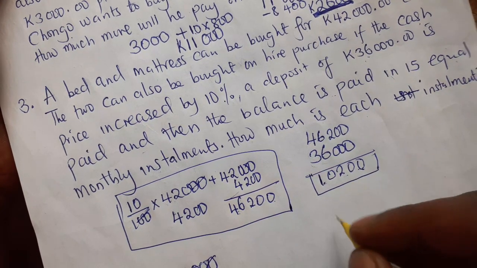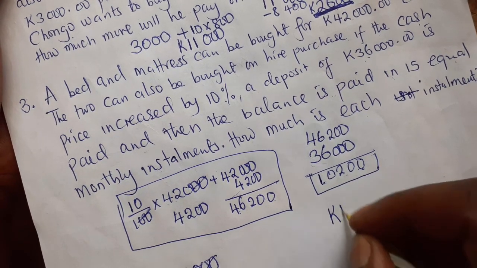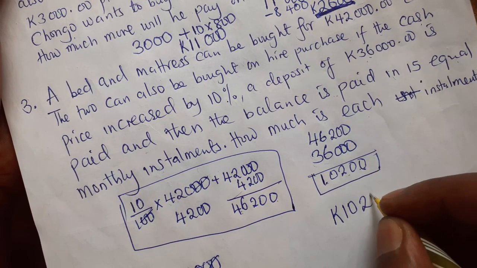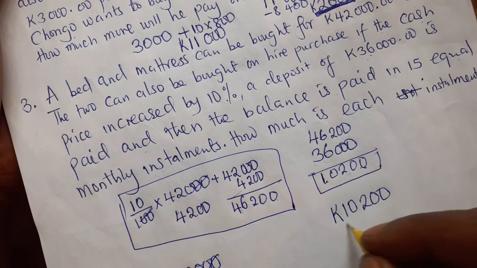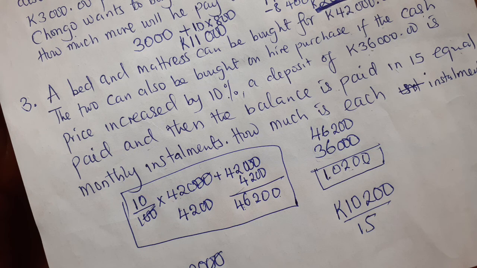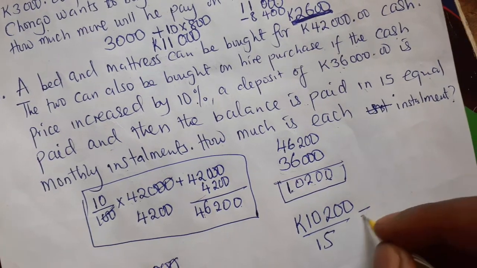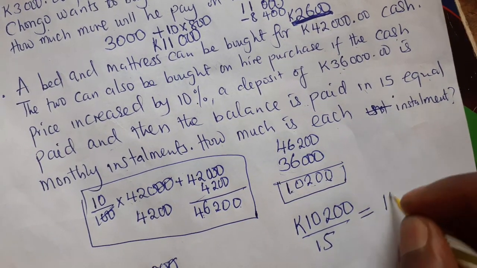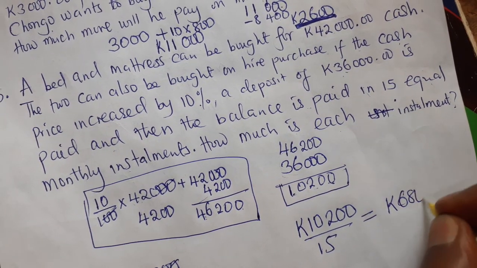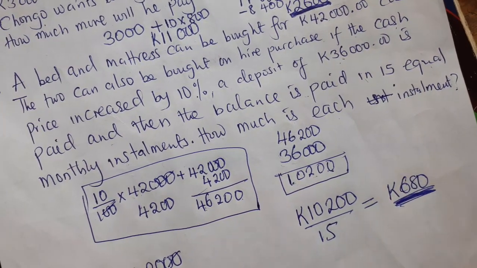So we just have to divide this amount by 15, because it's supposed to be divided into 15 equal installments. So let's divide. What are we getting? This is going to give us 680 kwacha.